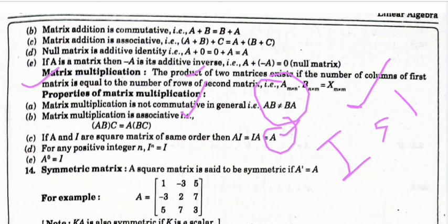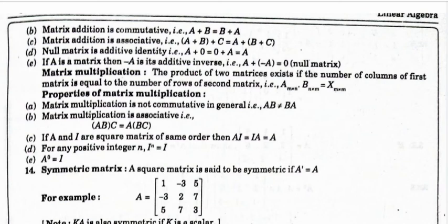Now come to property D: for any positive integer n, I to the power of n is equal to I. Yes, because 1 to the power of n is always 1, not varying. Property E is defined as A to the power of 0 is always I. Yes, we know that any matrix to the power of 0 is always the identity matrix in the case of matrices.